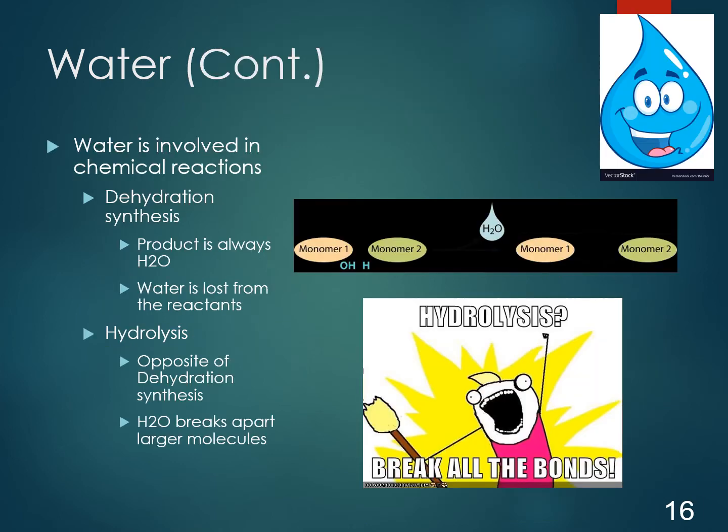There are two common types of chemical reactions in the body that have to do with water. The first one that we're going to talk about is dehydration synthesis. Have you ever heard of a dehydrator? If you have, then you'll understand that when you put fruit or vegetable or meat into a dehydrator, water is being removed from that to dry it out.